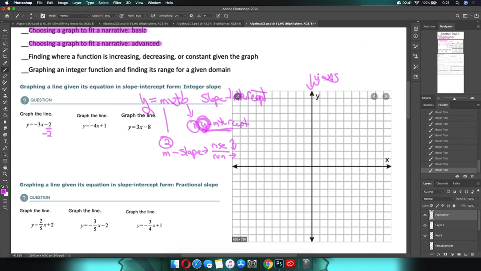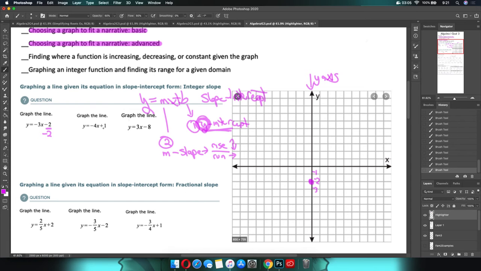It's crossing the y-axis, in this case, at -2. So go down 1, 2. So there is my -1, -2, -3, etc. That -2, that's where your y-intercept crosses the y-axis. That's what it's doing, okay?